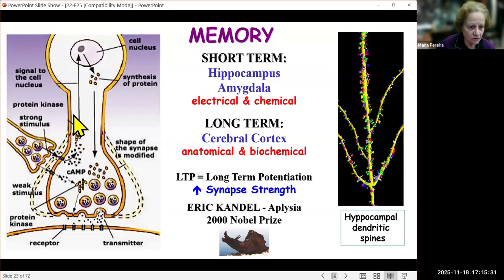But the long-term memory, you have an anatomical change. You see here the axon, the neuron, the presynaptic, and you see that the synapse increases because you're constantly sending stimulus. So you're constantly repeating and repeating in such a way that the actual shape of the synapse changes. And so that's what leads to long-term memory.